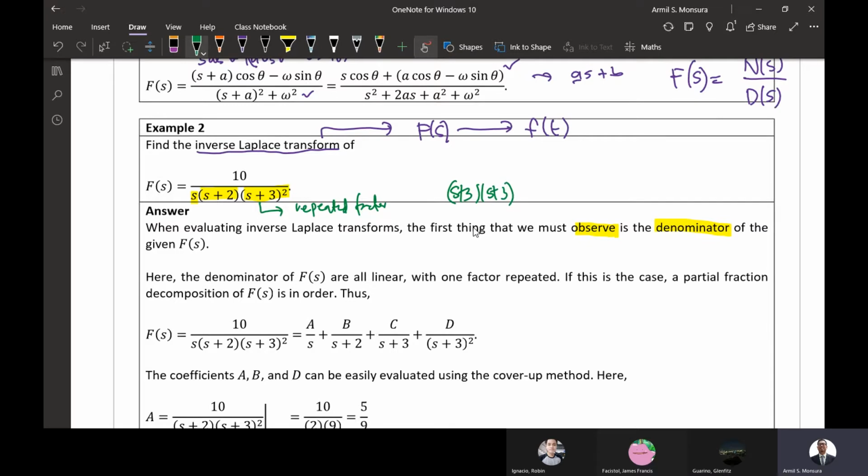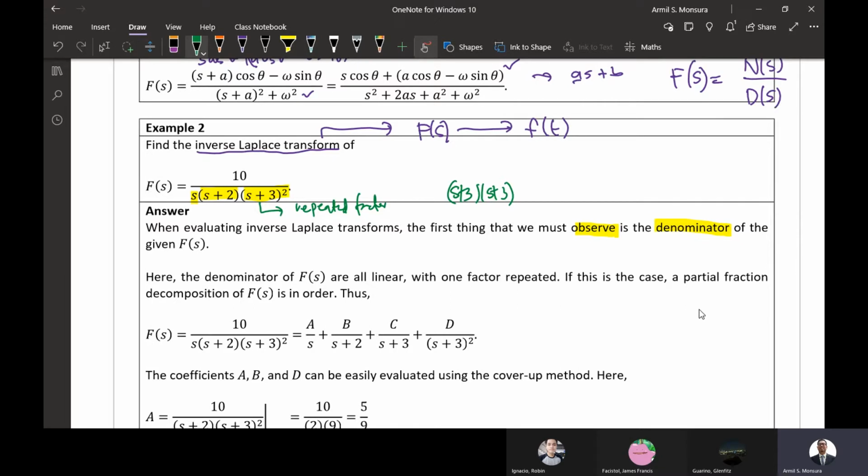So, in our case, kung ganyan yung itsura ng denominator ng f of s ninyo, ang pwede nyo gawin dyan sa simula is to actually perform a partial fraction decomposition.